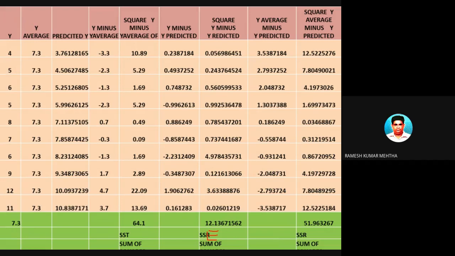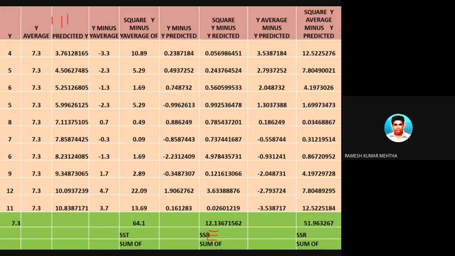So 73 is the total. 73 divided by 10, the number of items, gives an average of 7.3. I have put 7.3 as the average against the individual items. So this is the actual y, and this is the average of y.